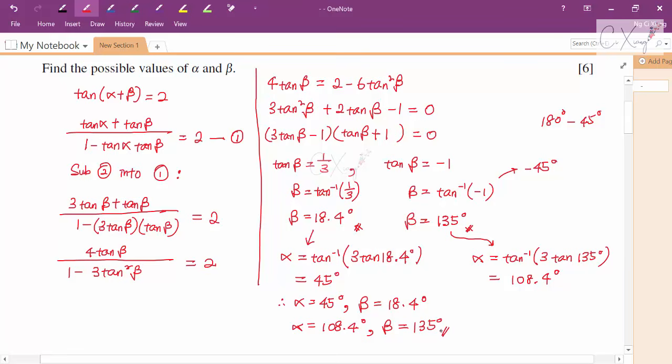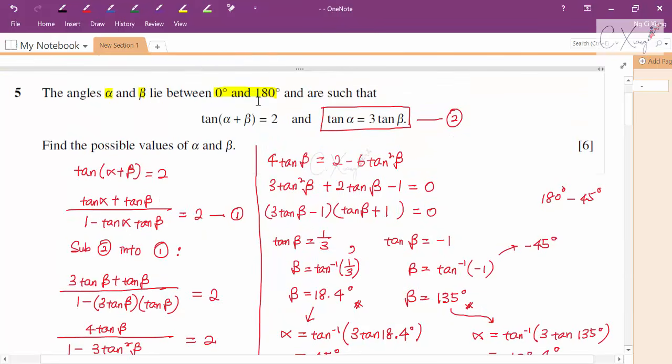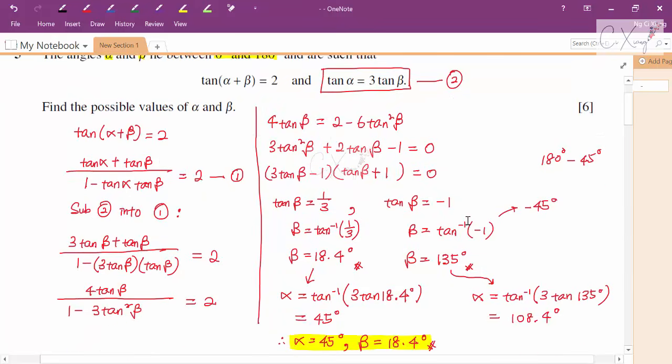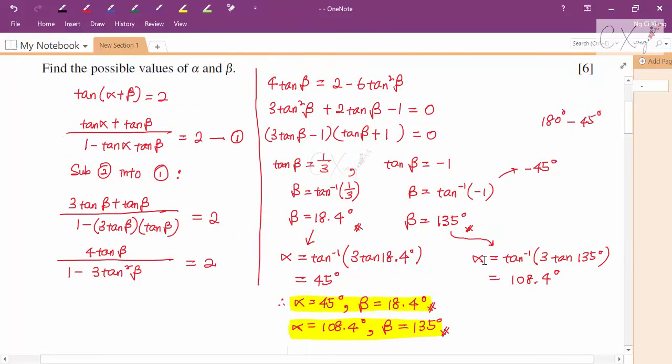So you can double check the answer here. Both alpha and beta actually fulfill what they want. You can see that both alpha and beta have a range within 0 until 180, as requested in the question at the beginning. Right, so this is how we solve question number 5.